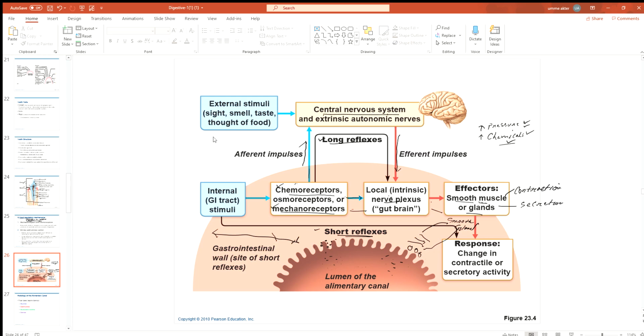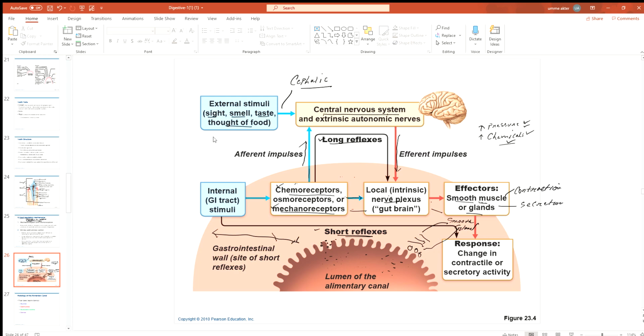Now there is another pathway which is very interesting. Even before the food enters your body, if you see the food or smell the food, or when the food is in the mouth, not in the stomach yet, even if you think about food when you are hungry, secretion and contraction occurs in the stomach, and that is called the cephalic reflex. Cephalic means head.